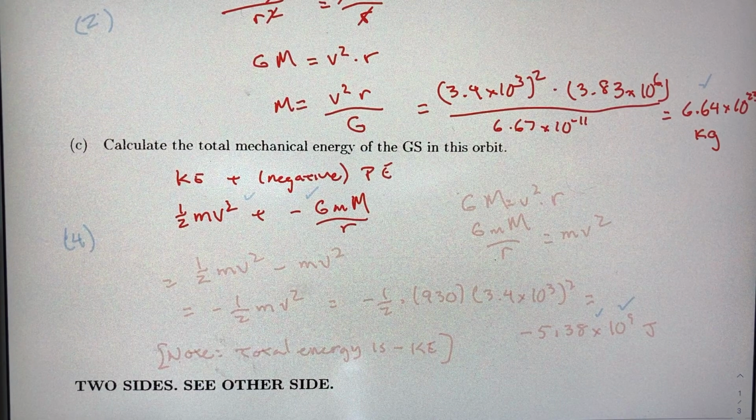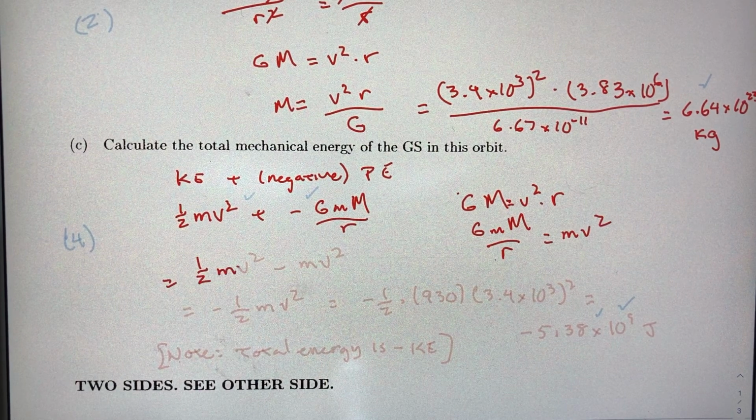So notice that GM is V squared times R, so GMm over R is mV squared. Little m.